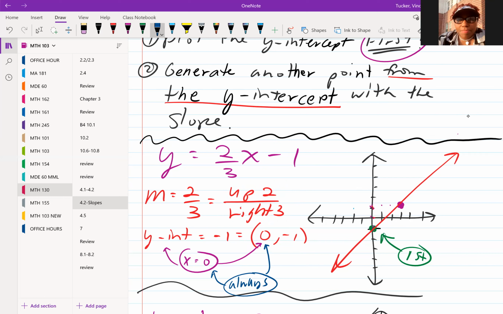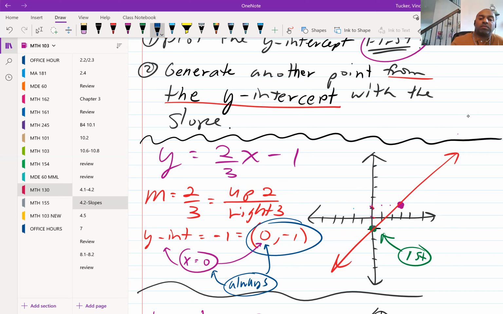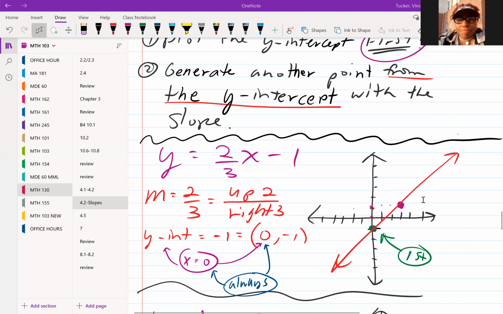X equals 0 for your y-intercept. That's where that 0 comes in front of that -1.